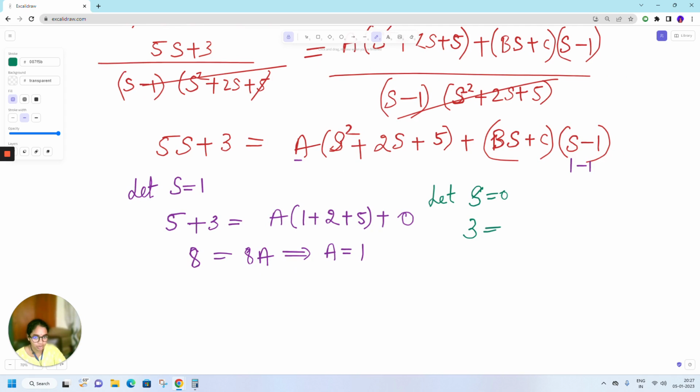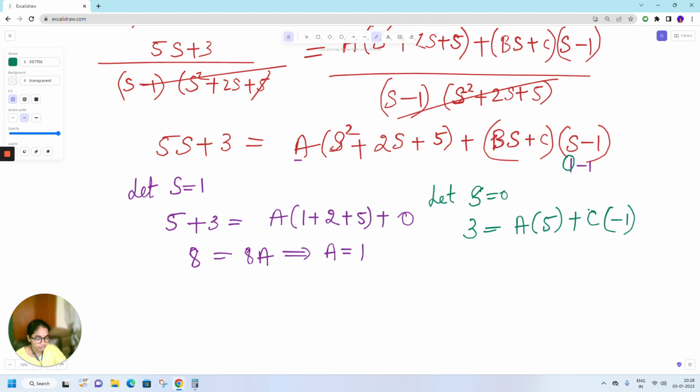This is equal to A into 0 square plus 2 into 0, that would be 0, plus 5. Whichever term doesn't have s with it, I'll just write that term. Clearly, B has an s with it. So C into this would become 0 minus 1, that would be minus 1.